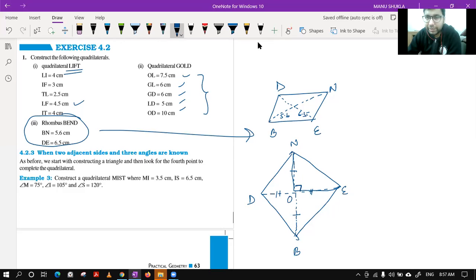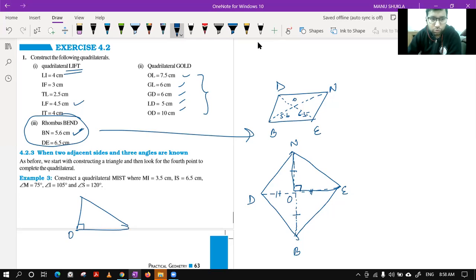So if complete BN is 5.6, how much will be ON? Class, please help me. It is 2.8. Very good. So let me make a separate triangle for you like this for easy understanding.